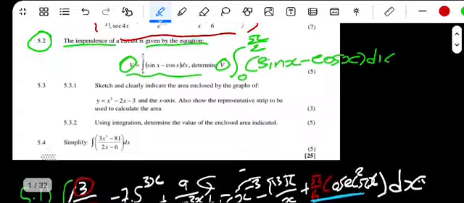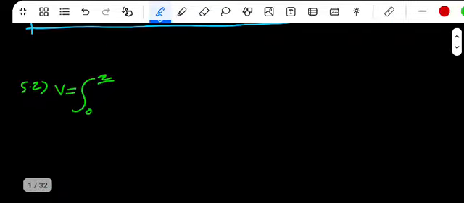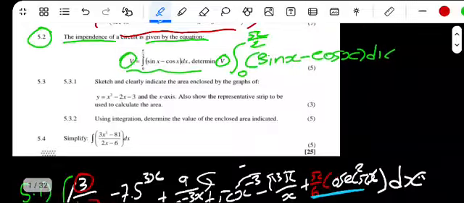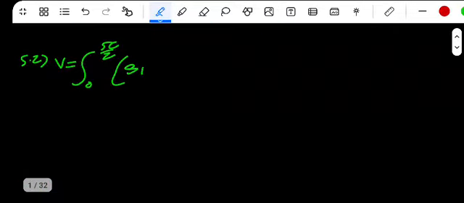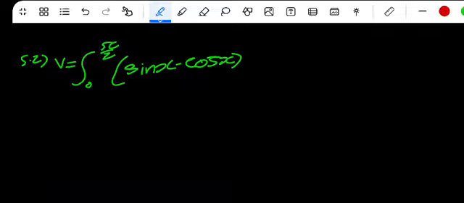Yeah, sorry, 2 pi over 2. Pi over 2, of that angle there, sine x minus cos x dx. All right, let us find this.